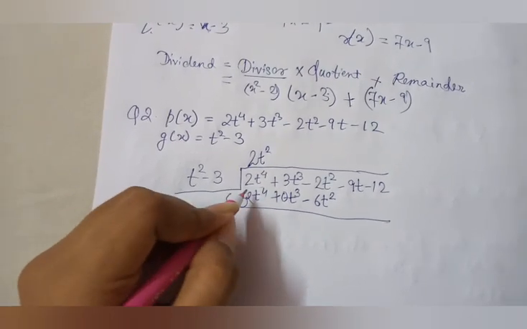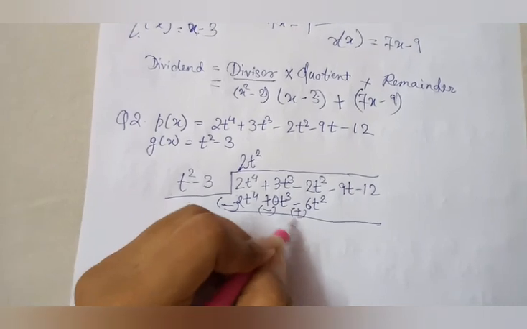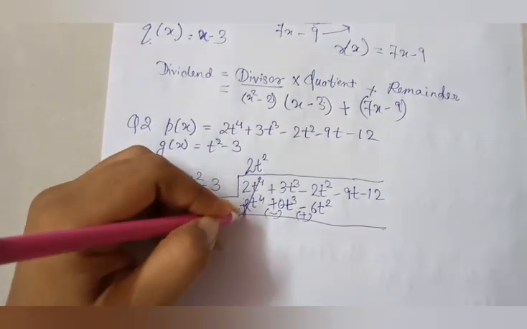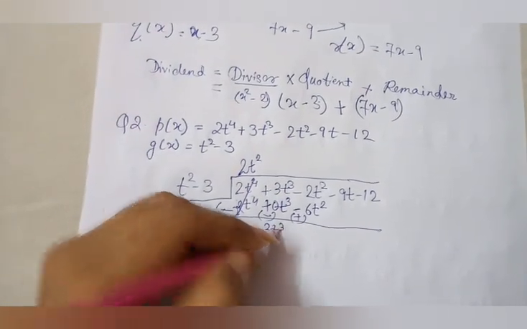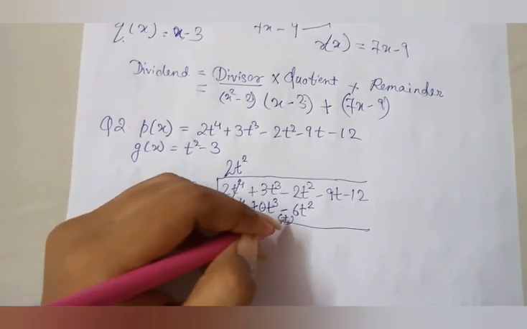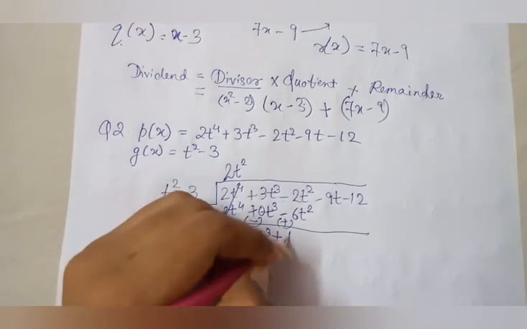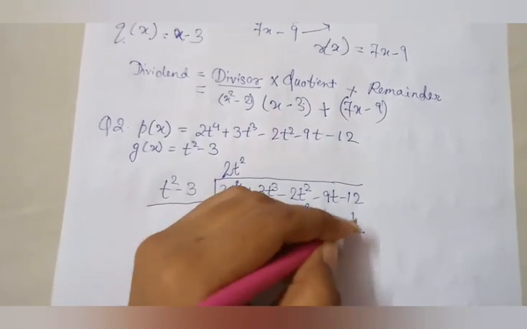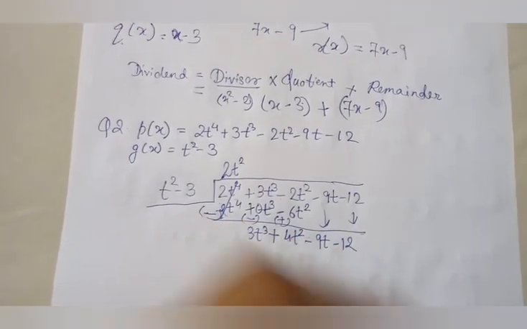Plus 3 is 3t cube. Minus 2 plus 6 is 4t square. Now we'll take this down, which is minus 9t minus 12.